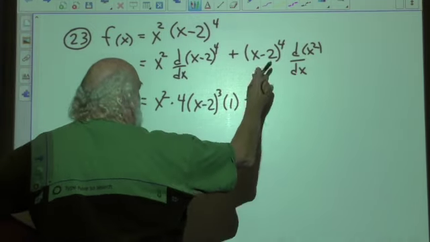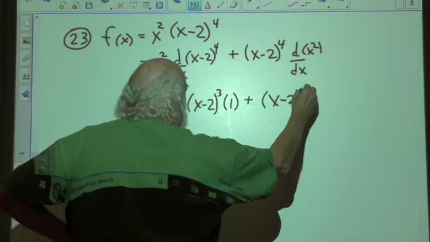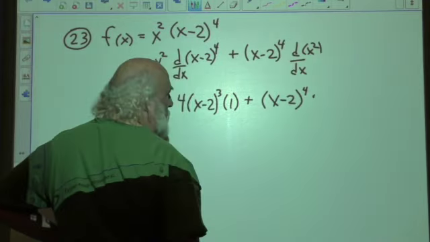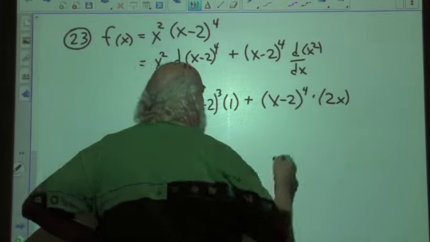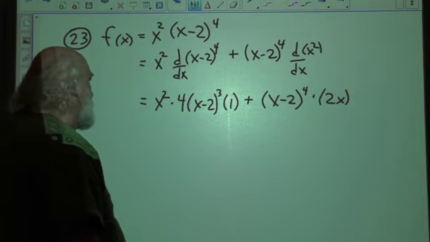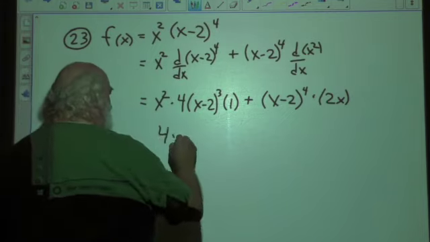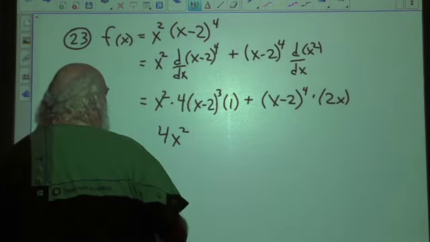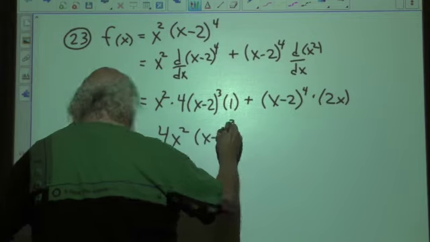Plus, we put this down in front, x minus 2 to the fourth power, times the derivative of x squared, which is 2x. Okay, so this becomes 4x squared times x minus 2 quantity cubed.